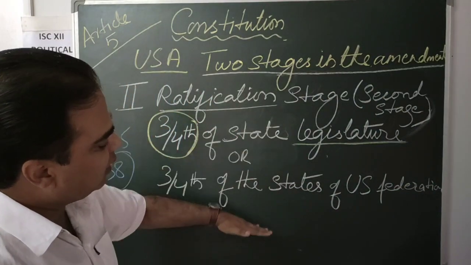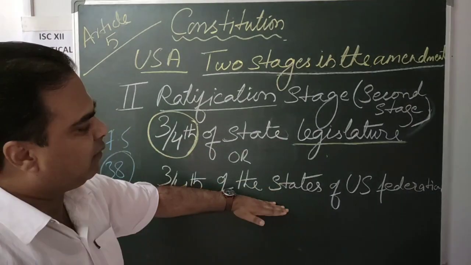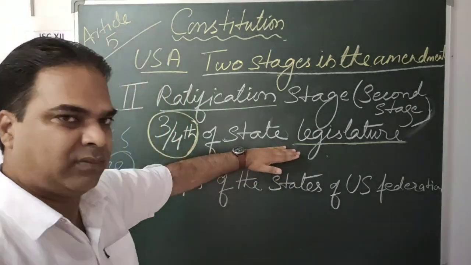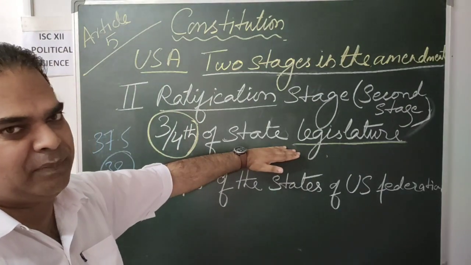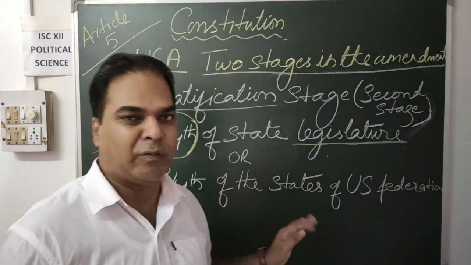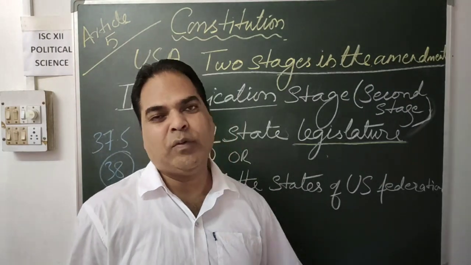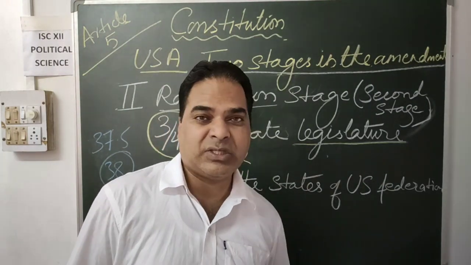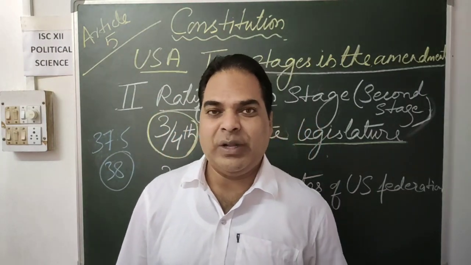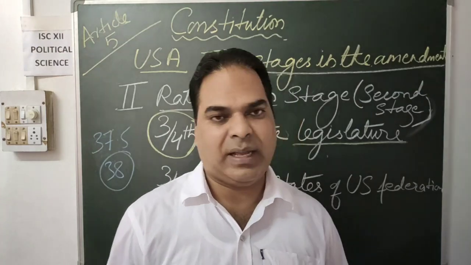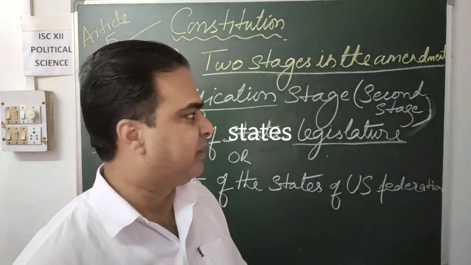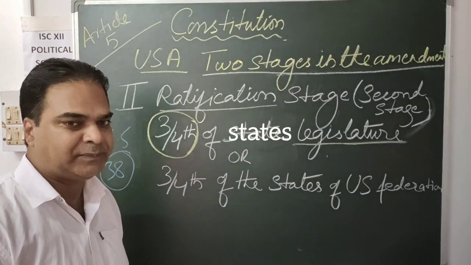If it is stuck over here, if the state legislatures disapprove the amendment procedure of the US Congress, then it cannot move forward. That is why the US Constitution is very rigid, and till today only 27 amendments have been done. So I hope you understood it.